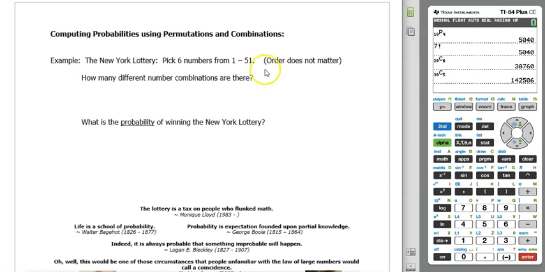Since order does not matter, apparently, this should be a combination. We're choosing from the numbers 1 through 51, so you have to think about how many numbers there are to choose from. There are 51 numbers to choose from, and we're going to choose 6 numbers.